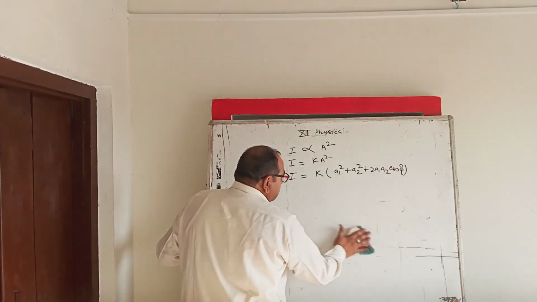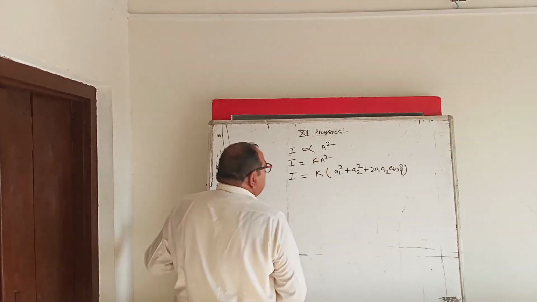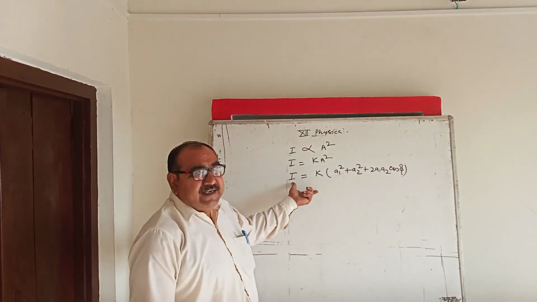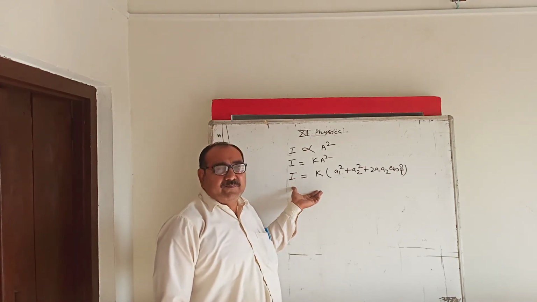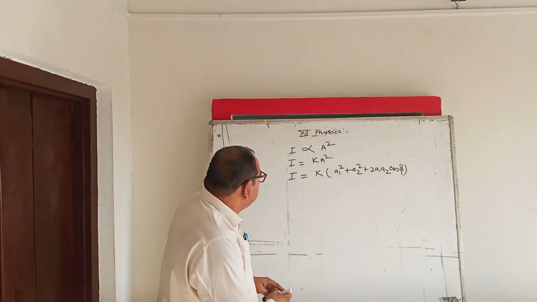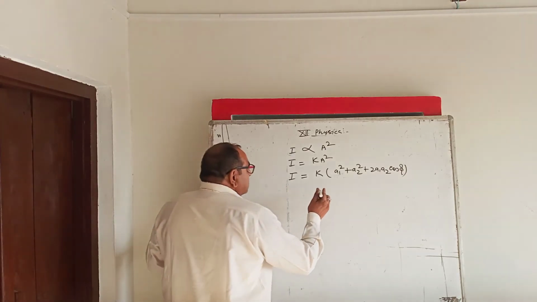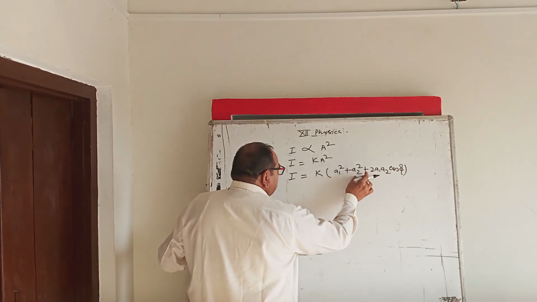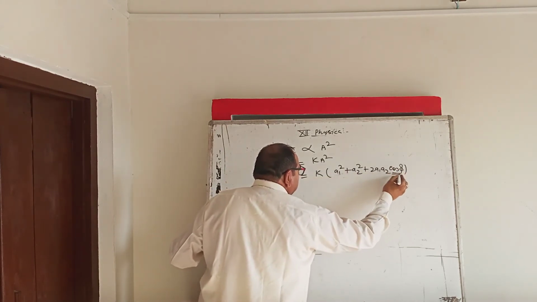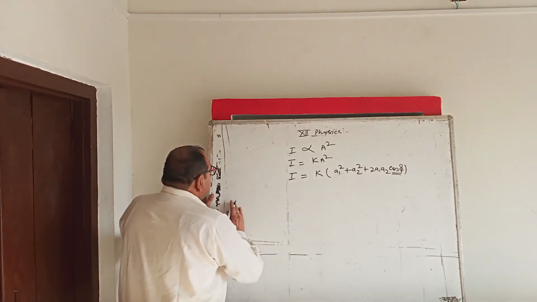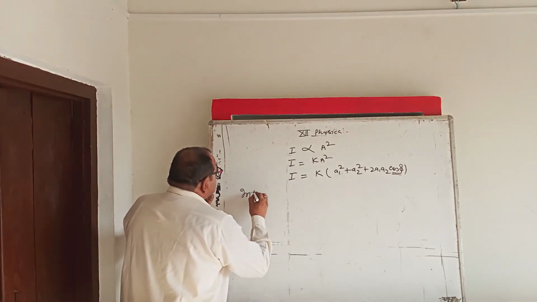This is the resultant intensity caused by two waves at one point. Now, a1 is constant, a2 is constant, this is constant, the only variable is phi.